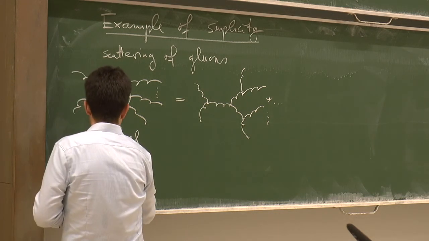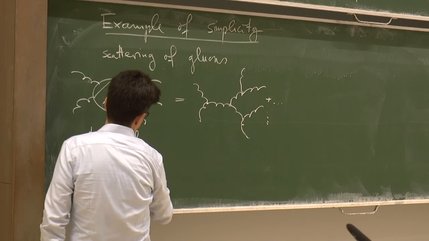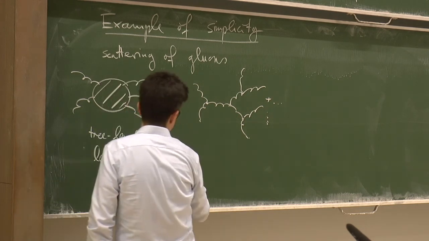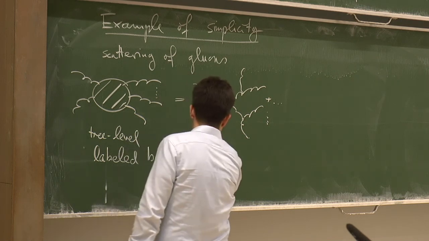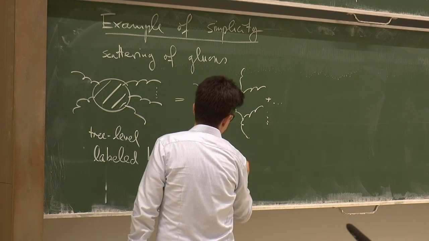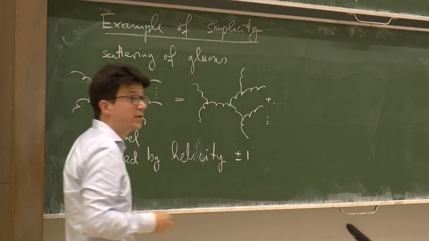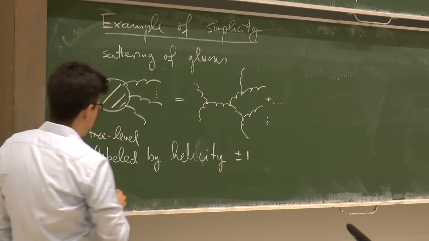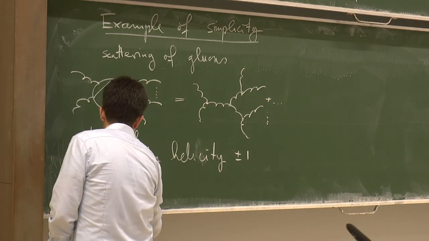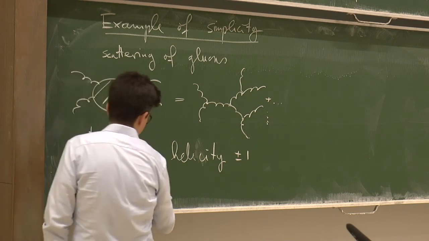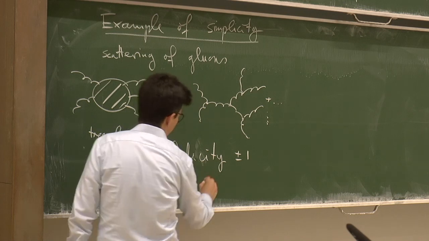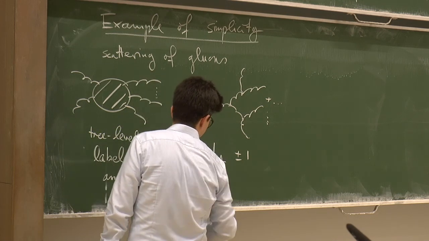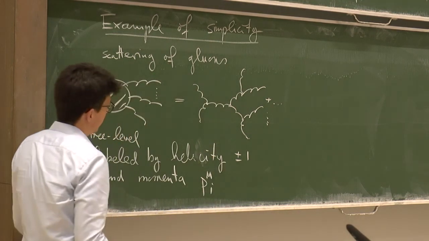So they're labeled by helicity, so plus or minus 1 for each of the external gluons. And by the momenta, they depend on the momenta p_i, i running from 1 to n.